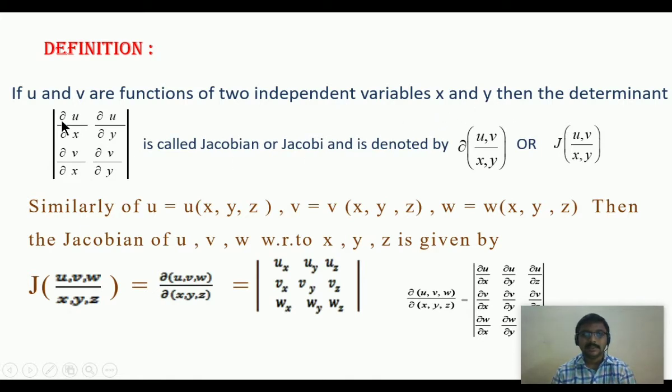Then the determinant of ∂u/∂x, ∂u/∂y, ∂v/∂x, ∂v/∂y is called the Jacobian, or Jacobi, and is denoted by ∂(u,v)/∂(x,y) or J(u,v/x,y). So it is the determinant. It is called the Jacobian of u, v with respect to x and y, where u and v are functions in terms of x and y.